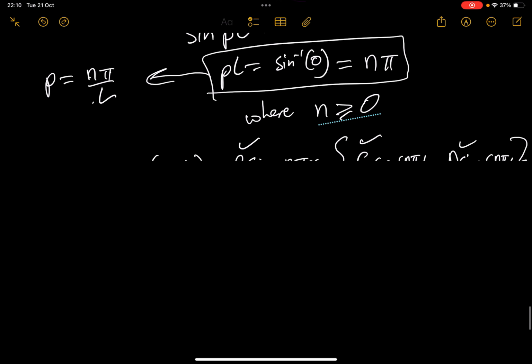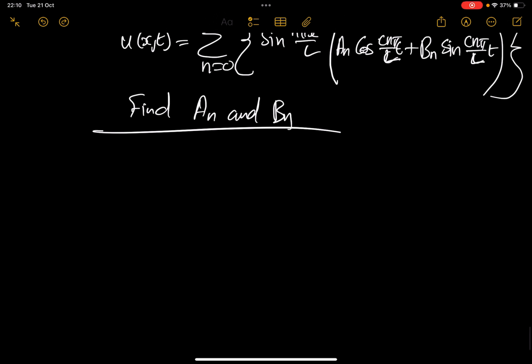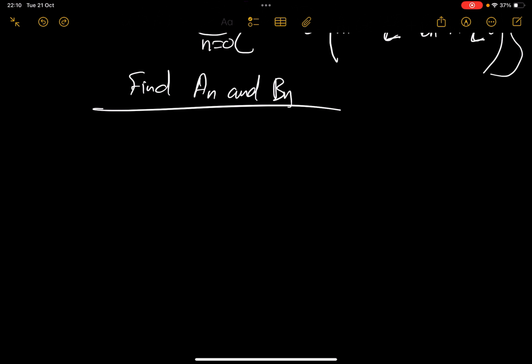So let's find an and bn. How do you evaluate an and bn? The way we evaluate an and bn, we use the boundary conditions, but now we are going to use this one, u x 0, which we said is going to be f of x, right? So that's going to be the function when t is equal to 0.